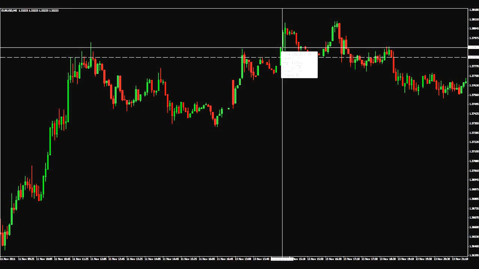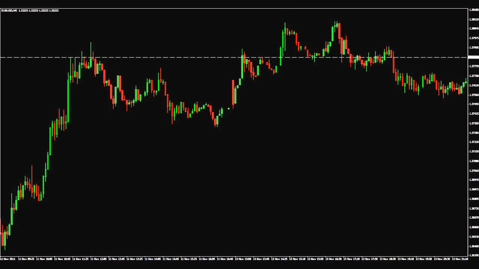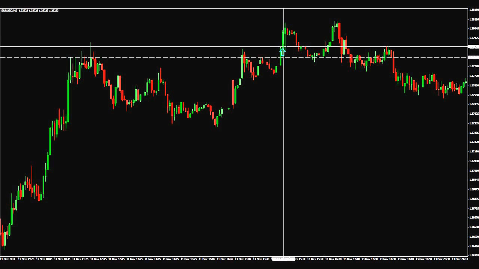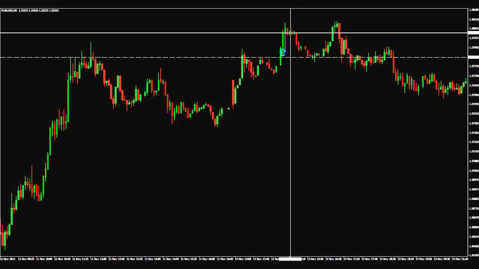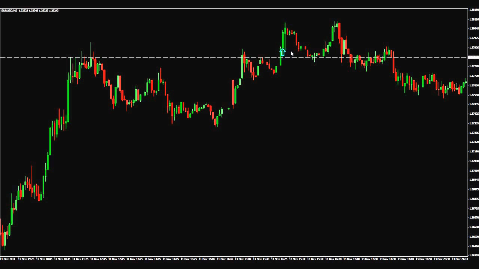So as soon as it broke up right here, we're going to be taking a call right there, and this is on the 55 bar. Our expiry would have been on about the 1510, so it would have been about an 11 pip win.